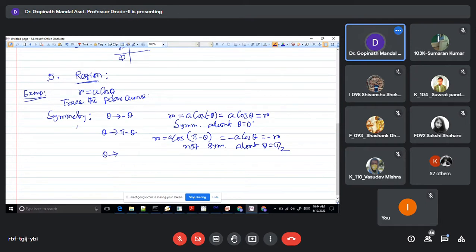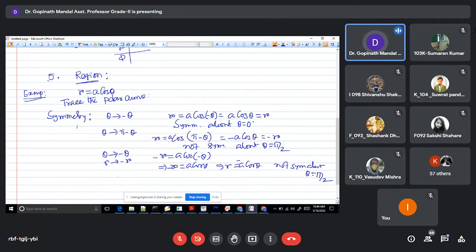In the case of theta to minus theta and r to minus r, that is minus r equal to a cos(minus theta), that means minus r equal to a cos theta, so r will be equal to minus a cos theta. So there is a change in the equation, so not symmetric about theta equal to pi by 2.